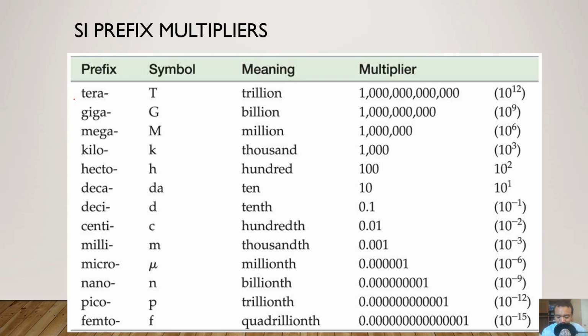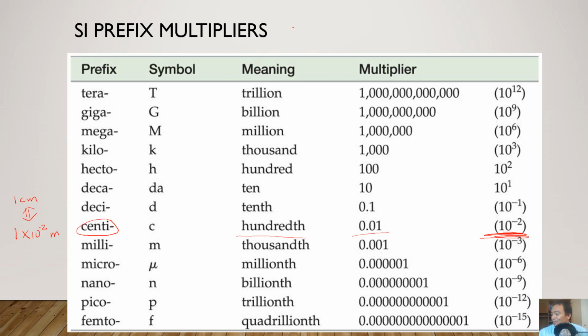For example, when you look at centi, centi means it's 100th or 0.01, right? So 1 centimeter can be written as 1 times 10 raised to negative 2 meter. You see, that's what this means.